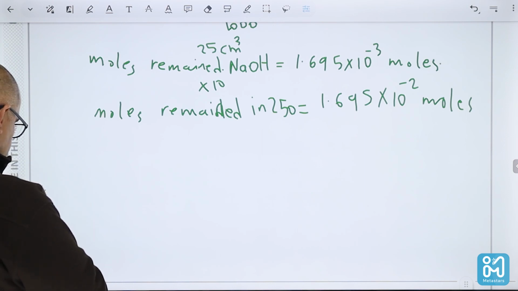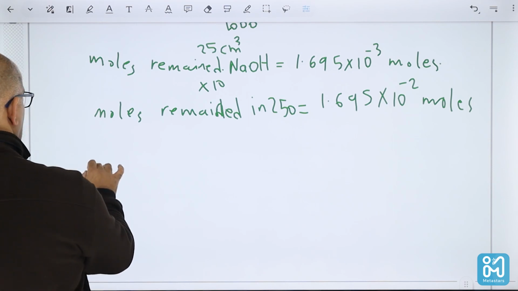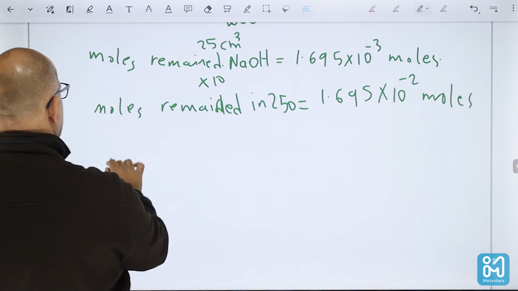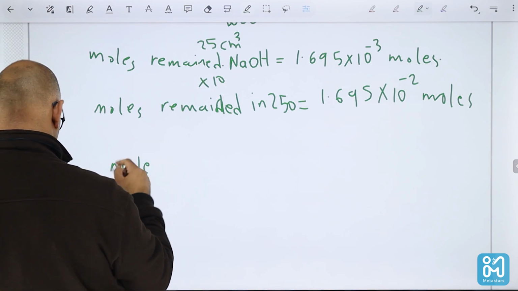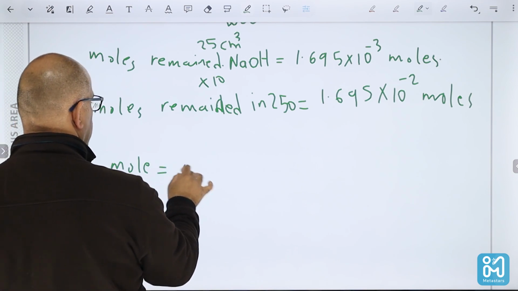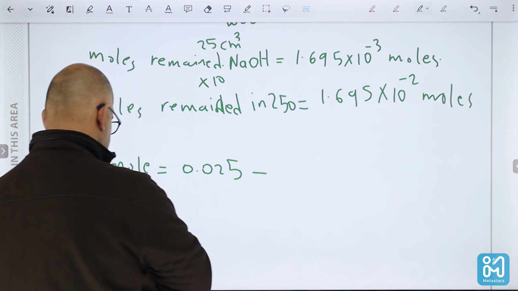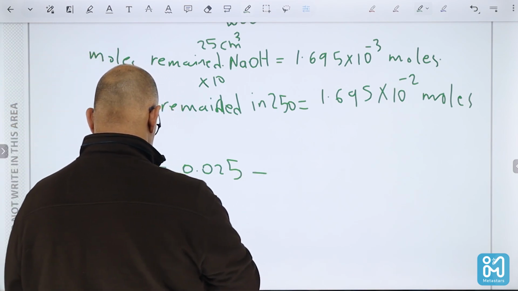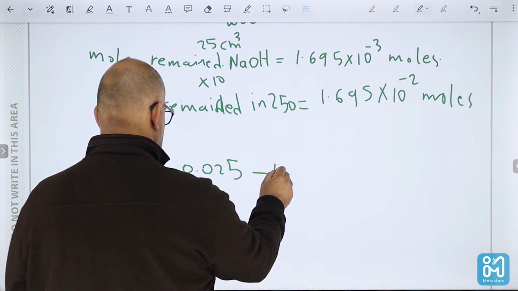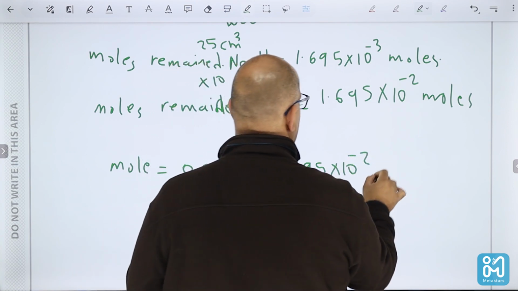Then the moles of NaOH needed, which is the moles which reacted with acetyl salicylic acid, equals 0.025, that's used in the beginning, minus the answer, 1.695 times 10 to the power negative 2.